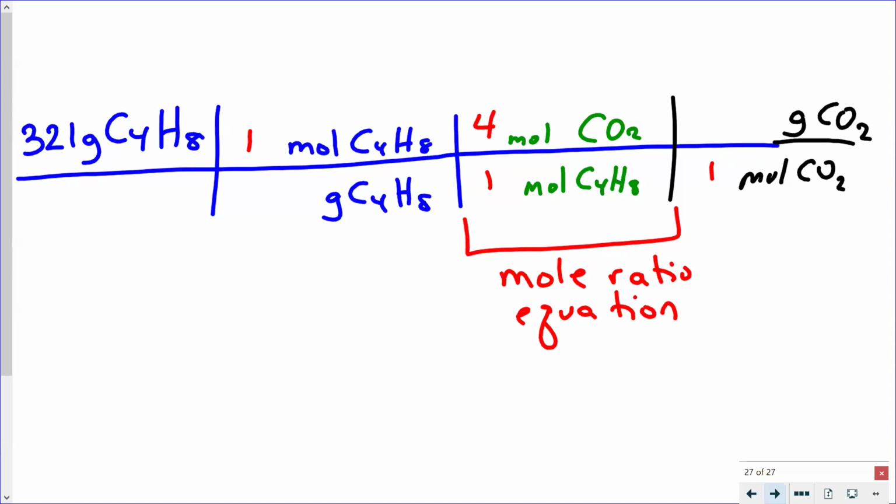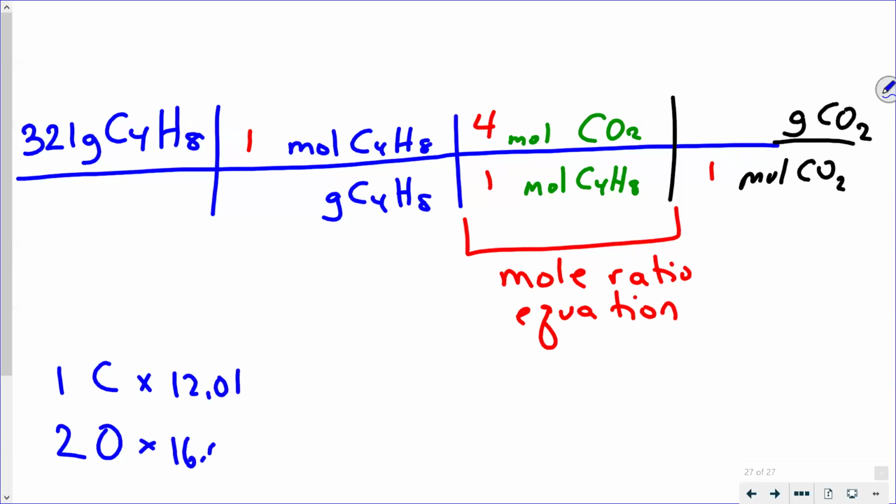I did find the mass of CO2. So CO2, 1 carbon, 2 oxygen, 12.01, 16.00. 2 times that is 32 plus 12 is 44.01. Good. Plug that number in there. You do the same thing for that number. Plug it in there. Multiply straight across, then divide by what's on the bottom, and you will get your answer.